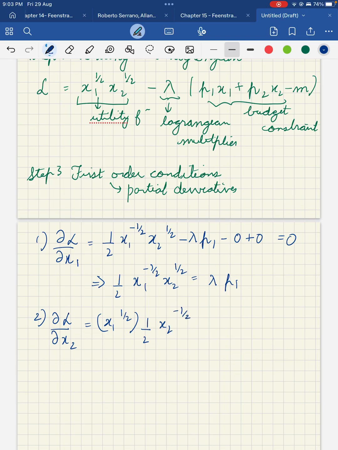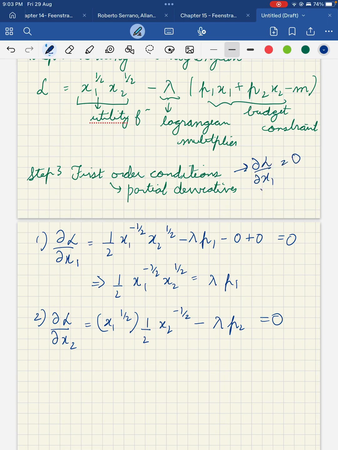The important part is the derivative of x2 raised to the power 1/2, which is nothing but half x2 raised to the power minus 1/2. Then in the second term, it is simply lambda times p2, since all the other terms are not functions of x2. I take that and I equate it to 0.